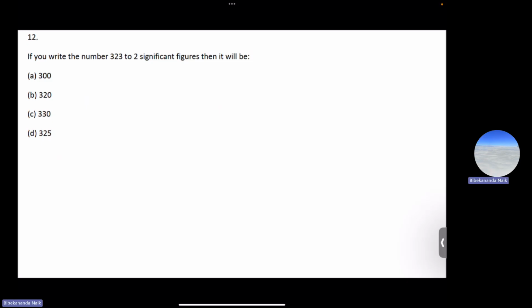So we know for here, if you see 323, how many significant figures does it have? It has three significant figures.